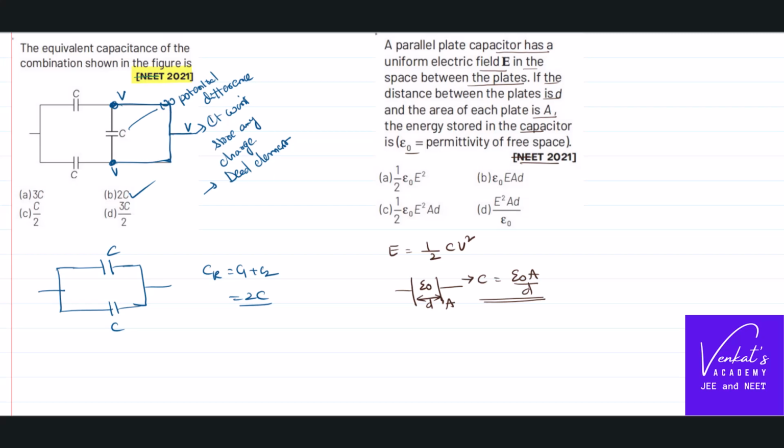Not only that, there is electric field intensity term in the options. Potential is not there. So I shall know the relation between potential and electric field intensity. What is that relation I can say now? We know generally electric potential can be written like 1 by 4 pi epsilon naught Q by R. Electric field intensity can be written like 1 by 4 pi epsilon naught Q by R square.